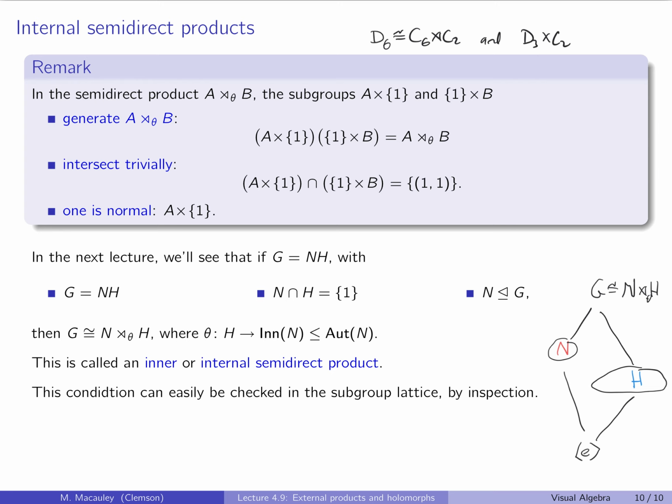But back to something I mentioned in the previous slide about the holomorph. D3 was one of these examples, but in general, suppose that we have the holomorph of G, which is the semidirect product of G with the automorphism group of G. And let's suppose that the center is trivial.